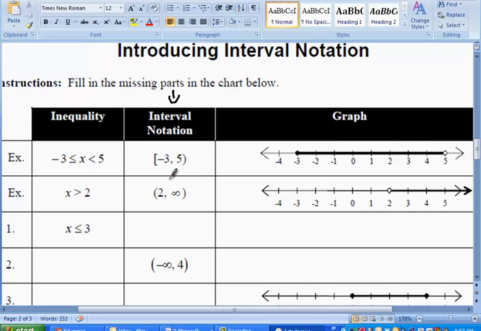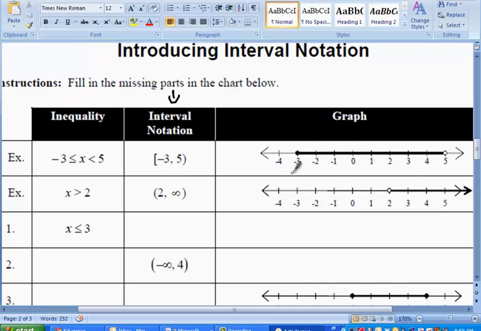So if you'll notice, on all three columns, they all start off with -3, -3, and -3. And over here on the other side, we have 5, 5, and 5. Now, what we need to do is understand what the different symbols mean and know that they all stand for the same thing.